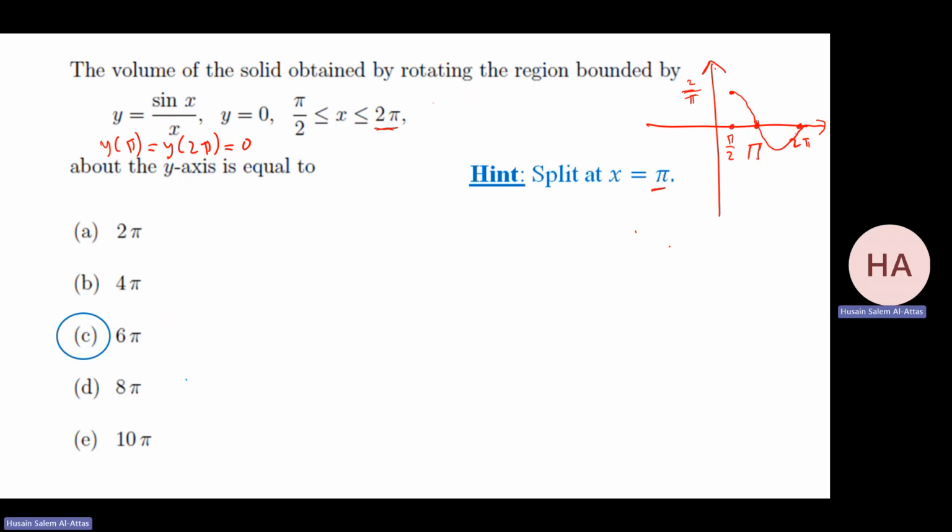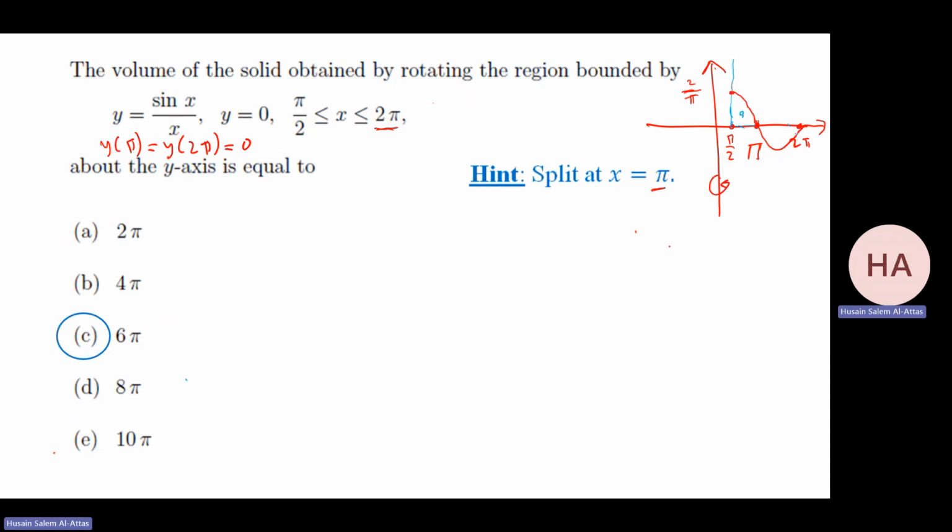Yeah, so it's very clear that I need to have two regions, about the y-axis. This is my axis. So I'm talking about the region bounded by this curve, y equals 0, the x-axis here, and this line.